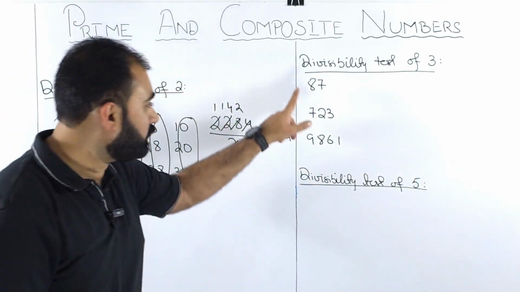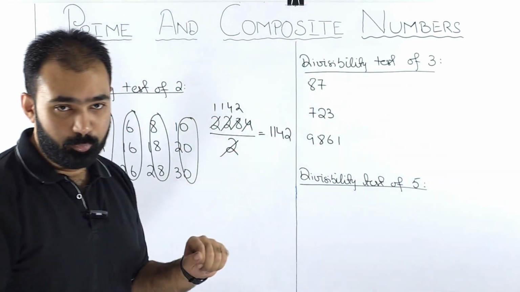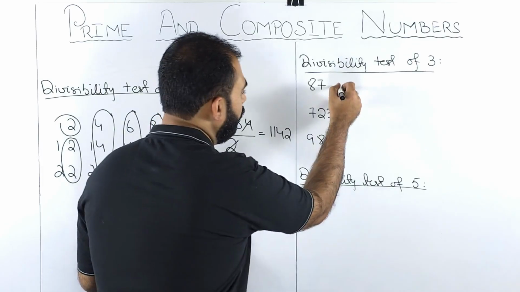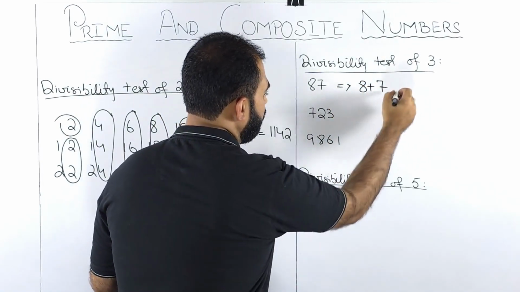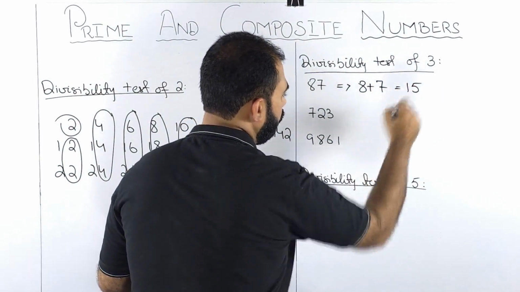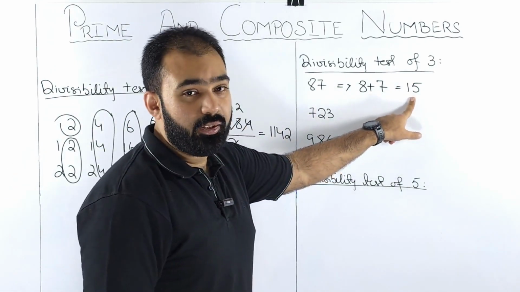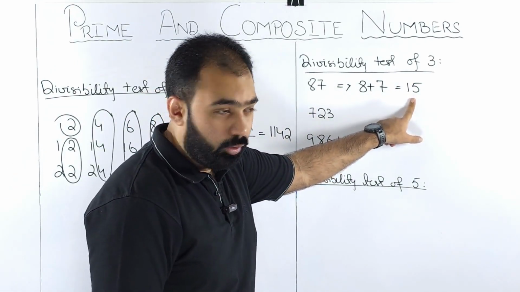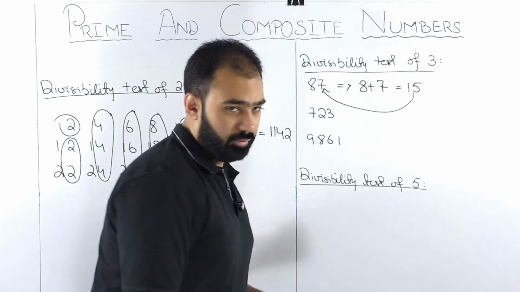Then we have another test that is called divisibility test of 3. Let's say if I have a number 87, what will I do? I will add these numbers 8 plus 7, which gives me 15. Now 15 is completely divisible by 3, which means 87 is also completely divisible by 3.